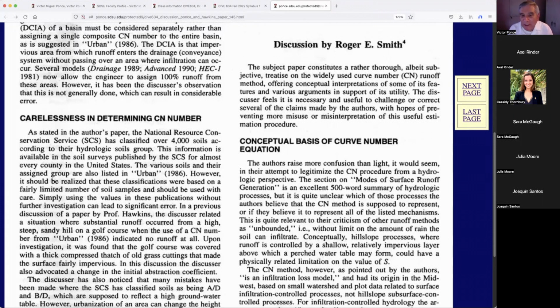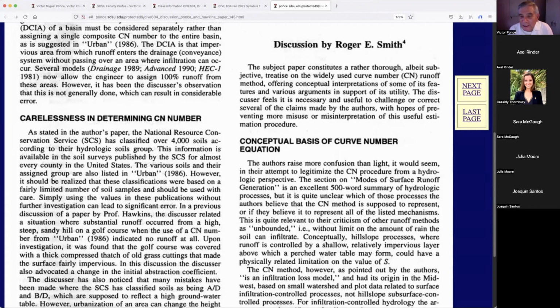The subject paper constitutes a rather thorough, albeit subjective, treatise, how do you pronounce that, on the widely used curve number runoff method, offering conceptual interpretations on some of its features and various arguments in support of its utility.